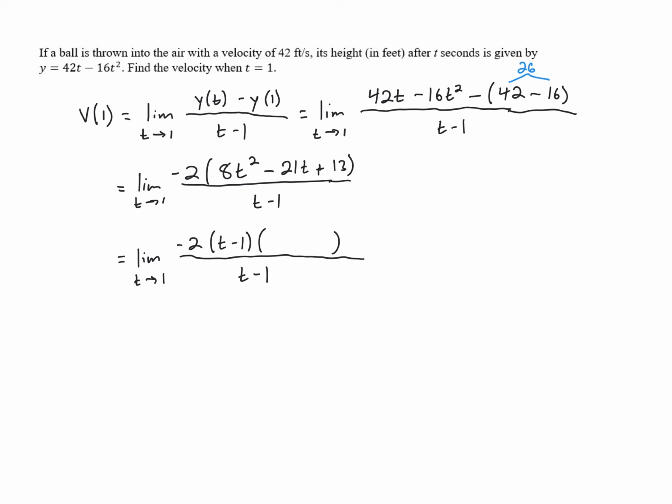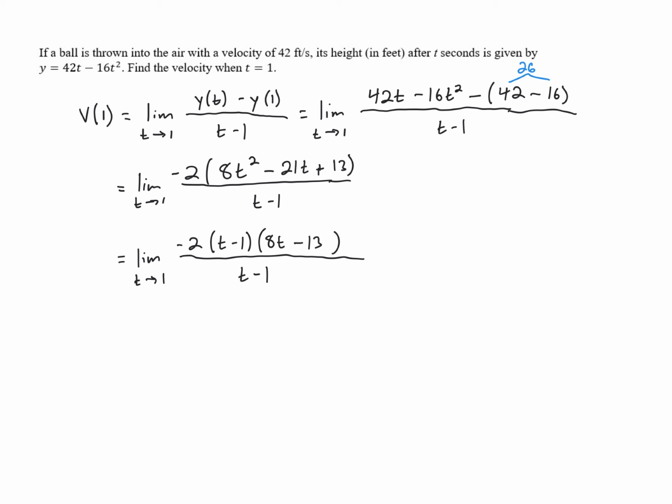If we expect or hope that t minus 1 is a factor, t needs to get multiplied by 8t to become 8t squared. And then negative 1 has to get multiplied by negative 13 to get positive 13. I'm thinking about how we could FOIL to get 8t squared and positive 13. If we were to look at the outer and inner terms, we've got negative 13t minus 8t, which is negative 21t. So this problem was built for that t minus 1 to be factored.